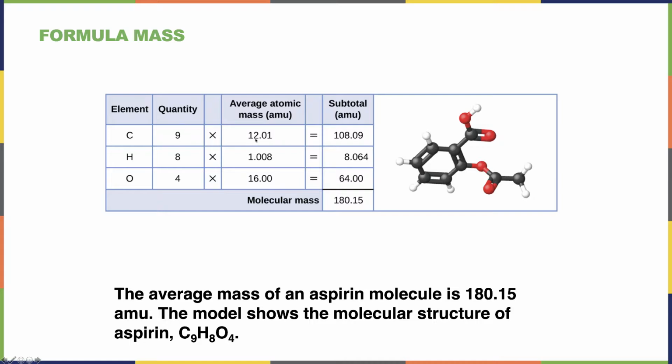You take 9 times 12.01, which is 108.09. 8 times 1.008 is 8.064 for the mass of hydrogen in the molecule. And then 4 times 16 is the mass of oxygen in the molecule. You add it up, and the average atomic mass for aspirin, C9H8O4, is 180.15 AMU.